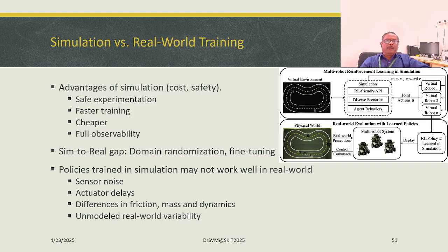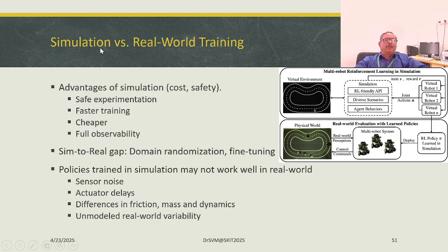The other physical problems we do face are about the friction, mass, dynamics, and all that, which usually we may neglect in framing the policies. And of course, many unmodeled real world variations are there, which we might not even have dreamt of during the simulation. But when it comes to the real time situation, a lot of problems we do face.